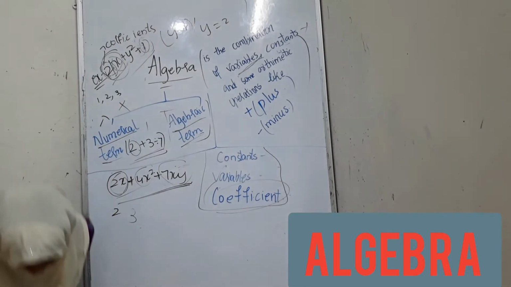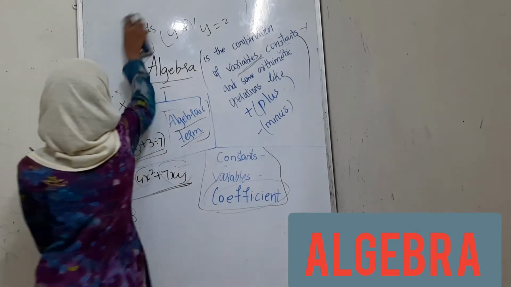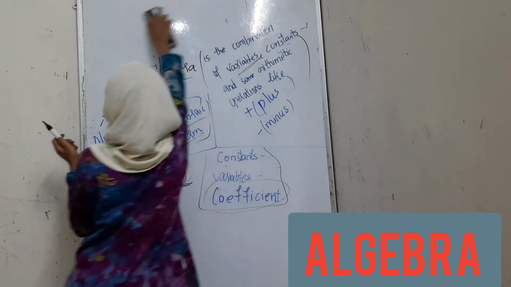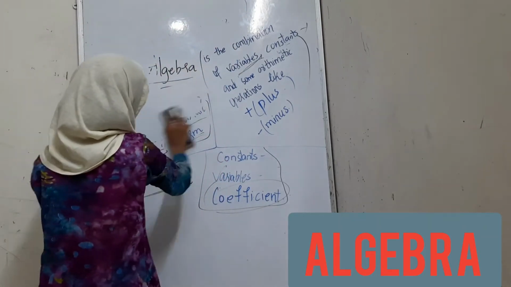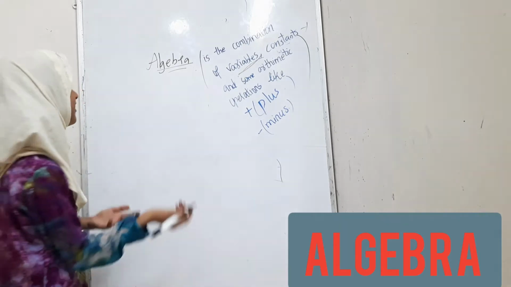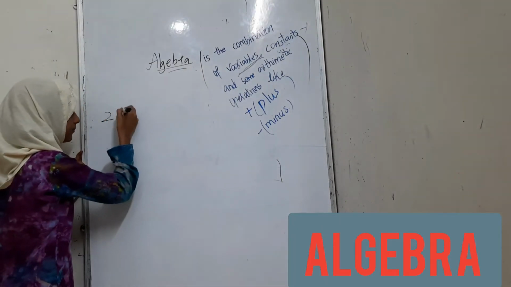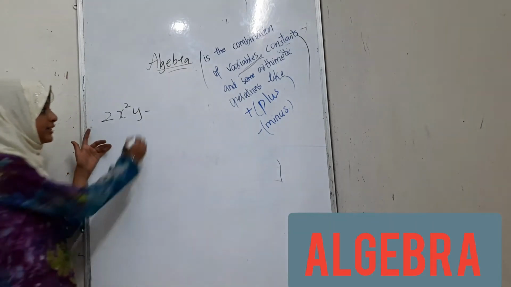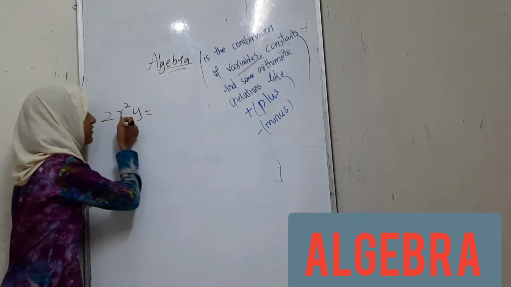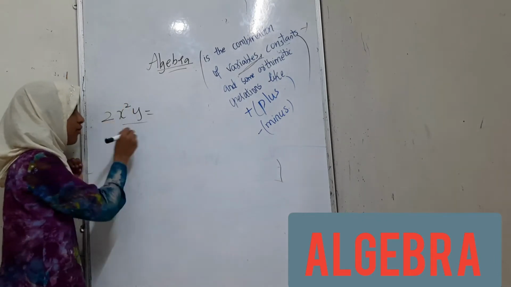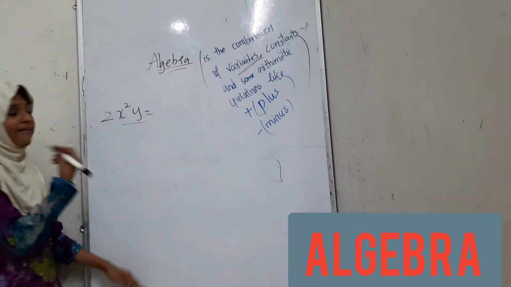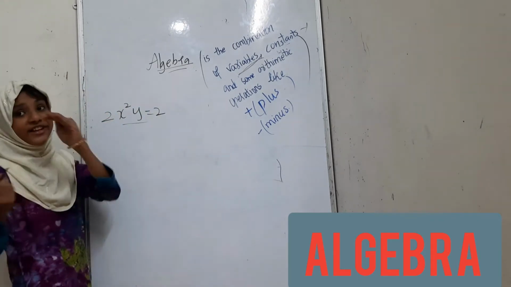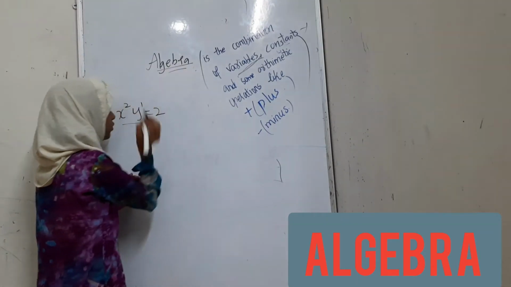So let us know how to find degrees. Let us first find the degree of a monomial. What is the degree of the given monomial? Here we are given two variables. The power of x is 2, and the power of y is not given, so we must consider it as 1.